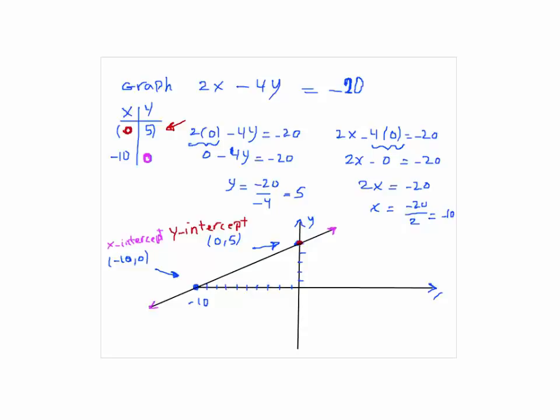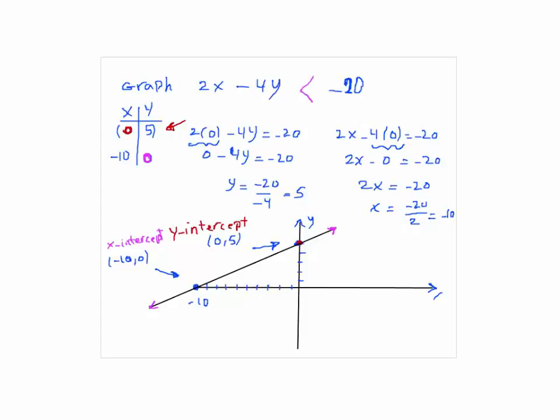Okay. Now, if this were an inequality, if instead of equal, I would say less than.